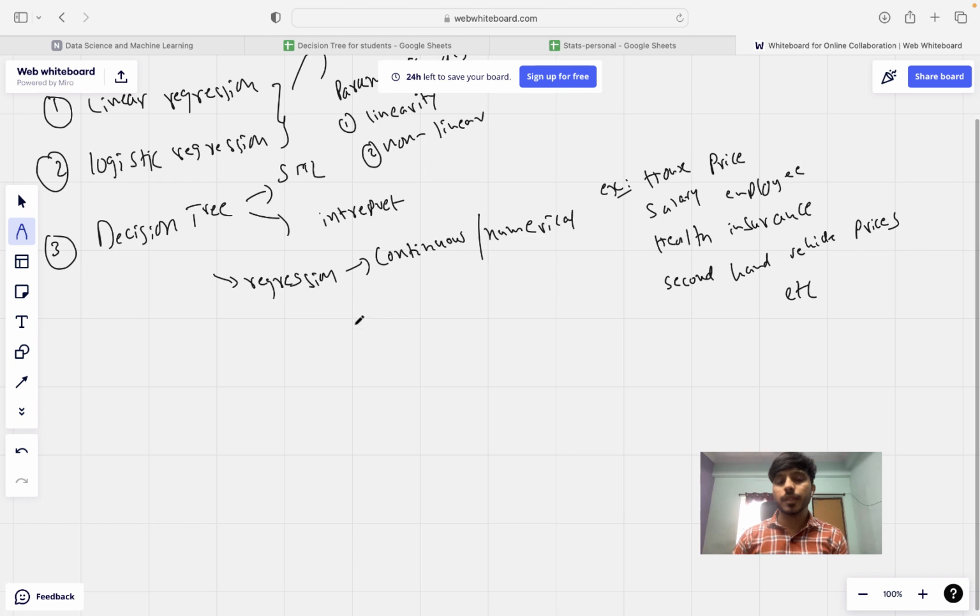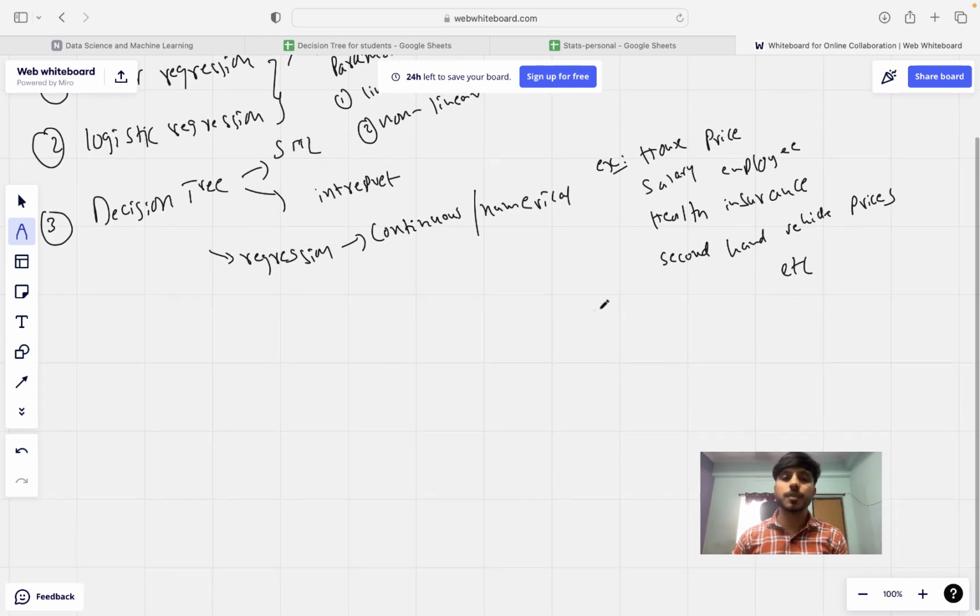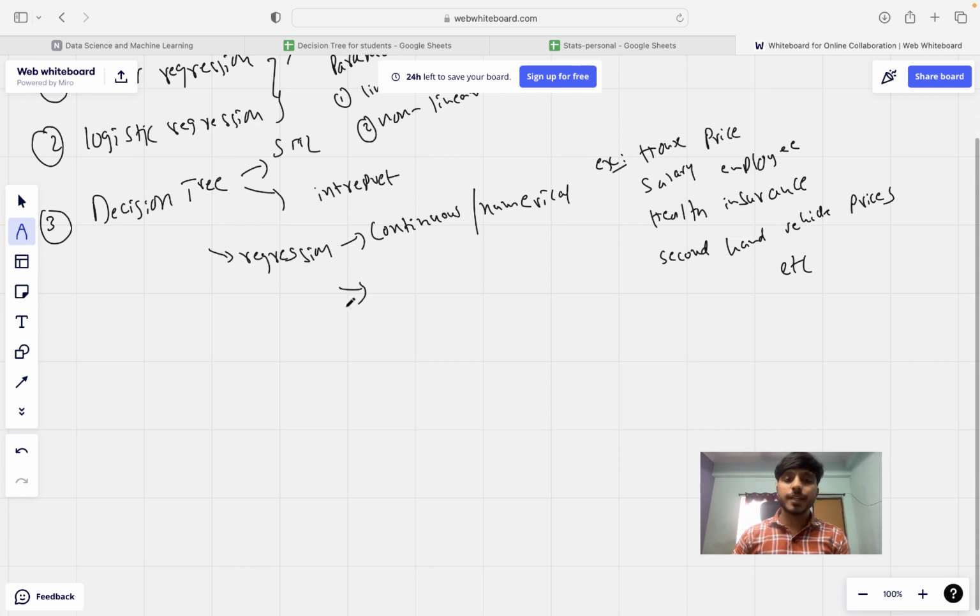Using regression algorithms you can solve these problems, whereas classification algorithms tend to classify the classes. I'm just writing a bit fast so that I can complete this recording within the given time.